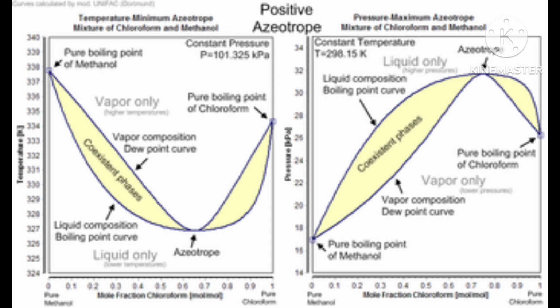There are two types of azeotropes, called minimum boiling azeotrope and maximum boiling azeotrope. Solutions that form minimum boiling azeotropes show positive deviation from Raoult's law, at a specific temperature.